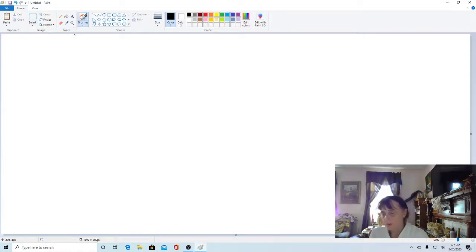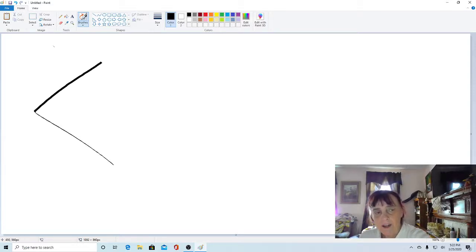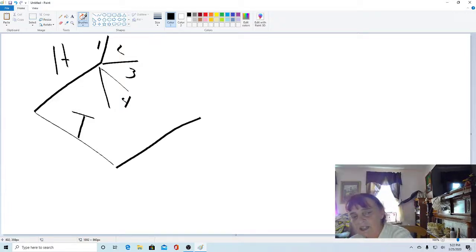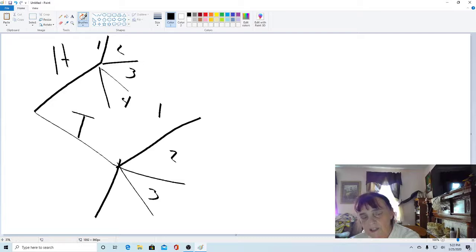Okay, now the tree diagram, you have H, T, and then if you get an H, you can get a 1, you can get a 2, you can get a 3, you can get a 4, and a T1, T2, T3, T4.